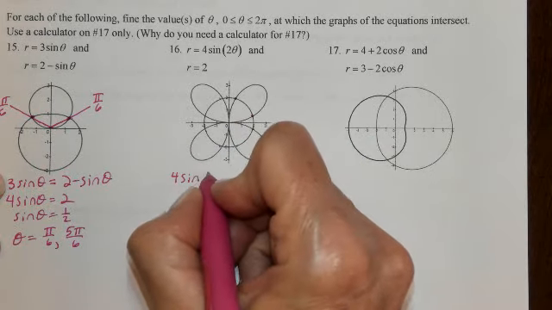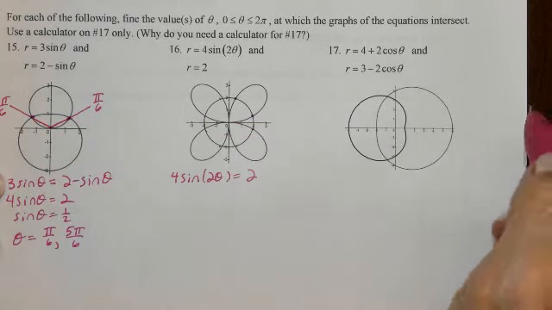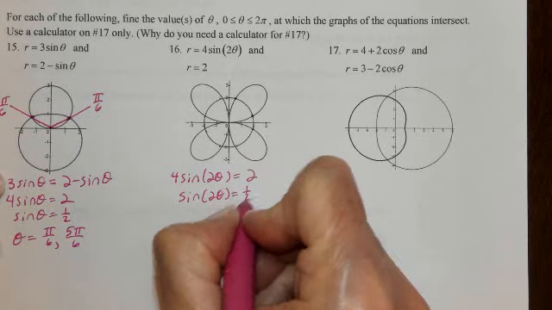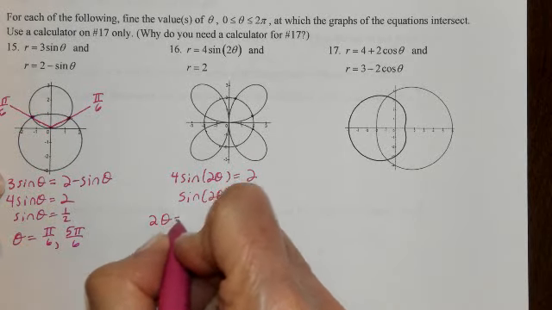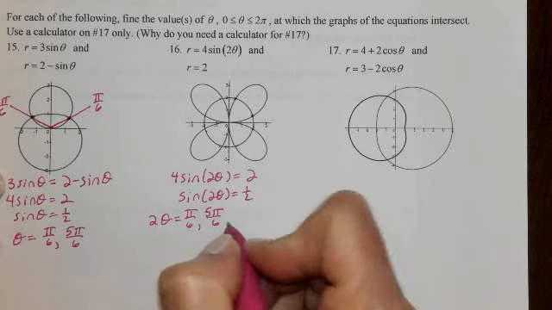Okay, 4 sine of 2 theta, and we're setting that equal to the other r, which in this case is just 2. So sine of 2 theta is a half. So 2 theta is pi over 6, 5 pi over 6, right?